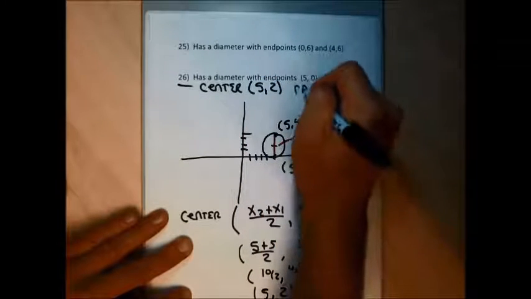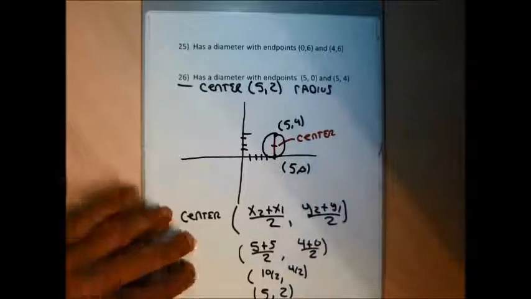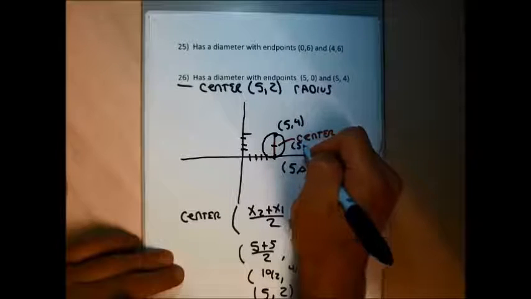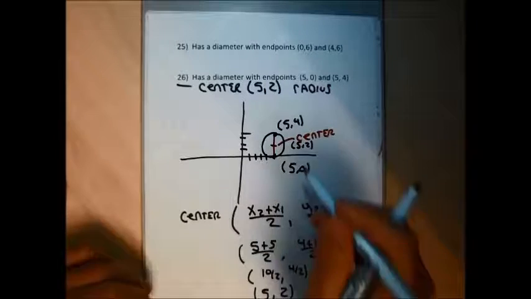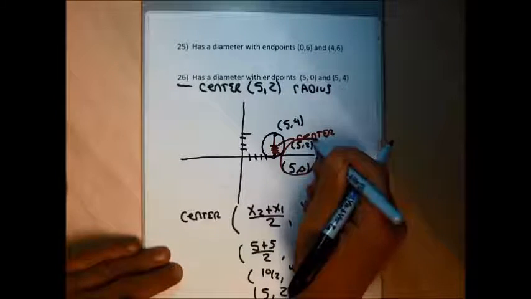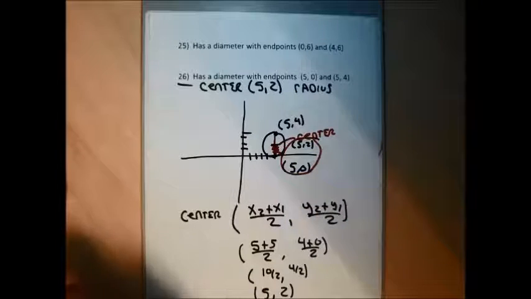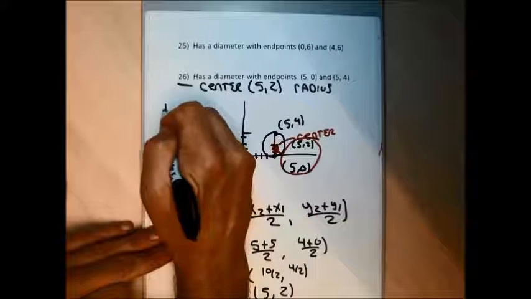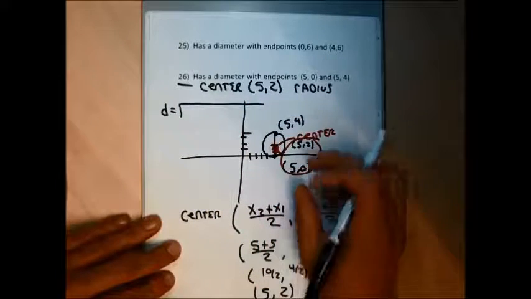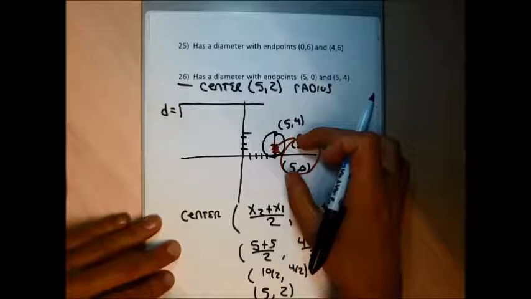The next thing I need is the radius, and the radius is the distance between the center and any of the points on the circle. I'm going to find the distance between those two points, which is going to be my radius. I do that by taking the square root of (x2 − x1)² + (y2 − y1)².